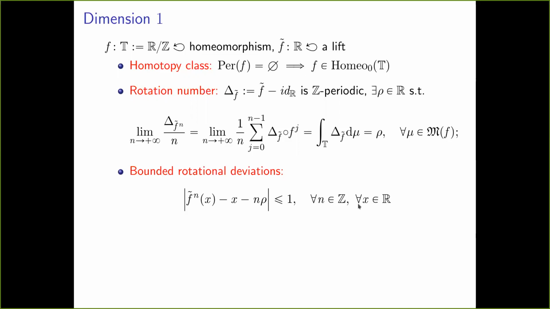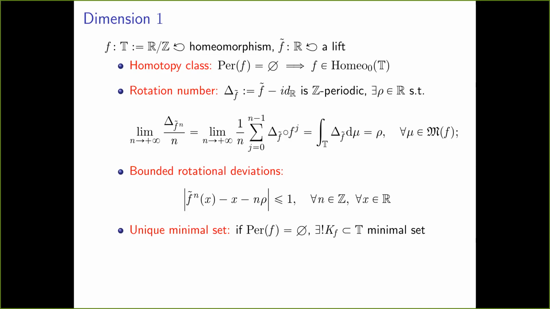This happens for any n and for any x. And of course, this property is stronger than just the existence of the rotation number. And this property here will play a key role in this discussion.